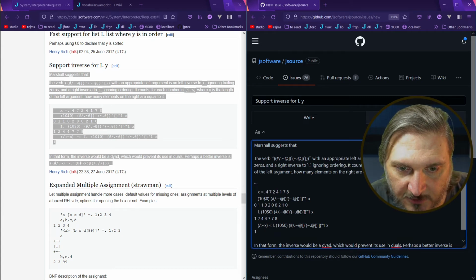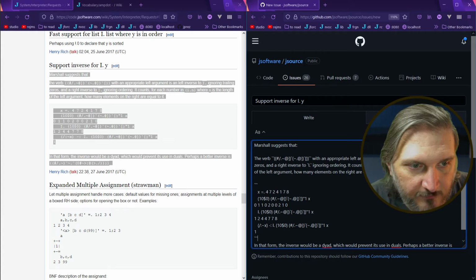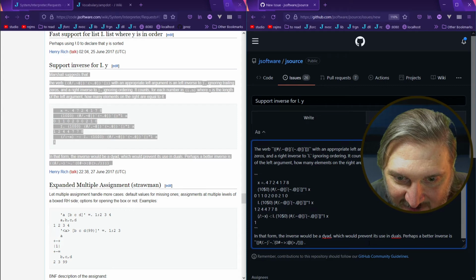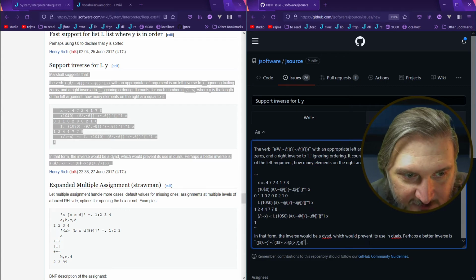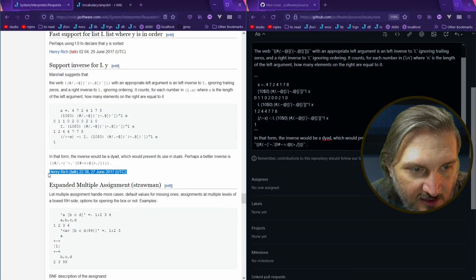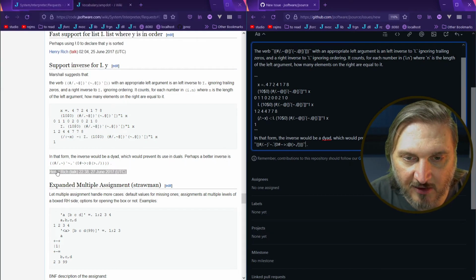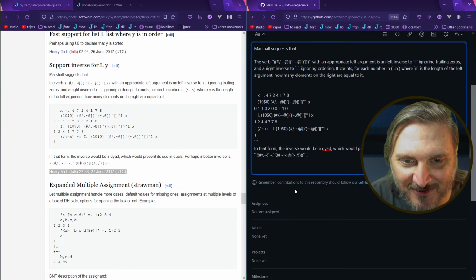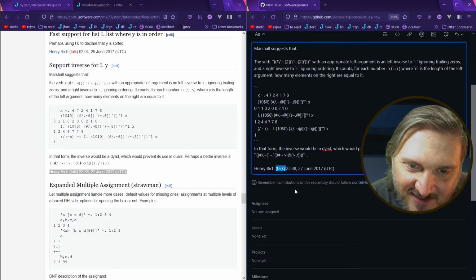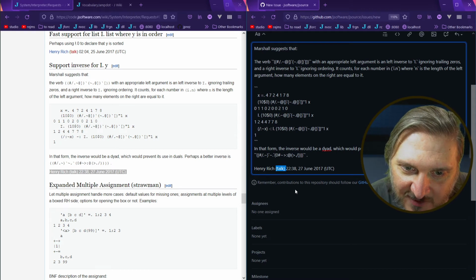So let's look at the example. I'll look at it over here. Well, let's look at it in the preview, so make sure it's formatted right, and then we'll talk about it. 1, 2, 1, 2. Anyway, so this actually works in BQN, and maybe it's time to reconsider this.